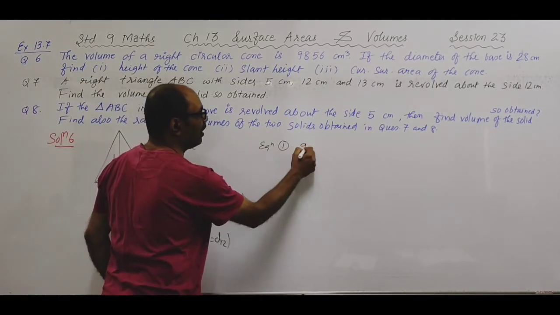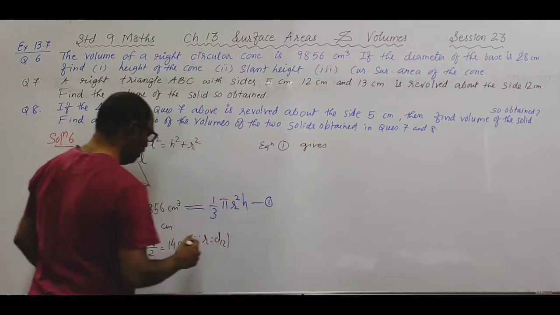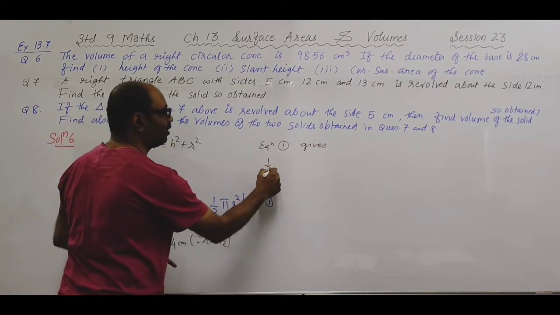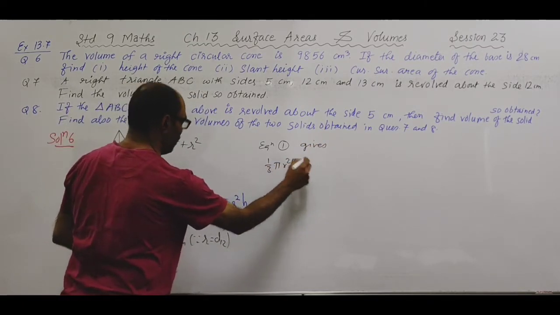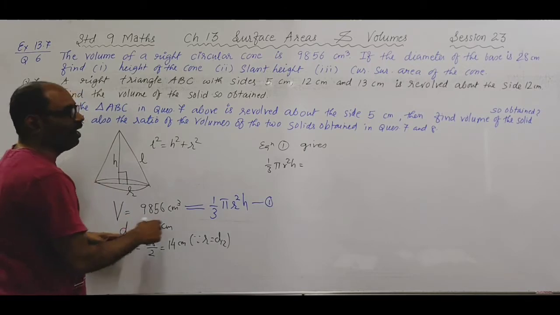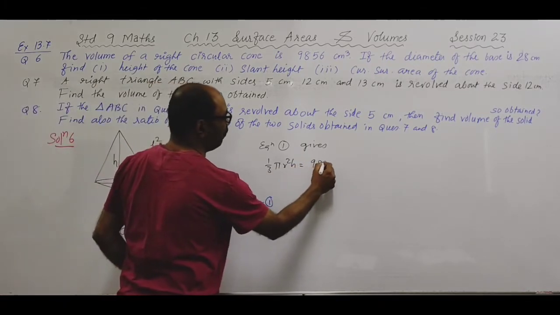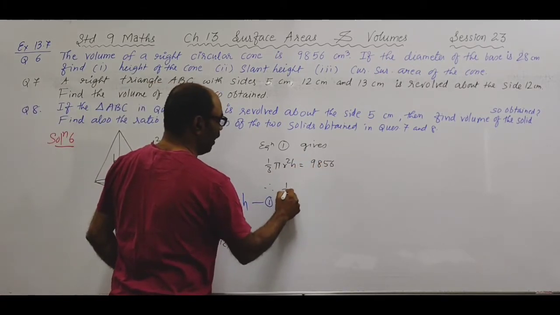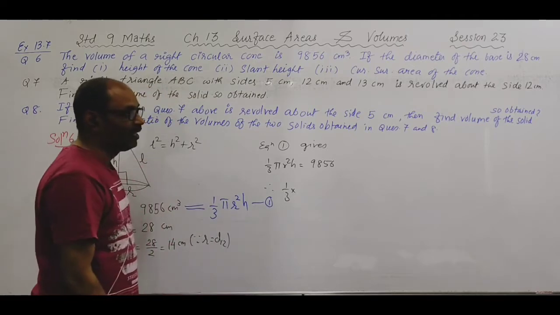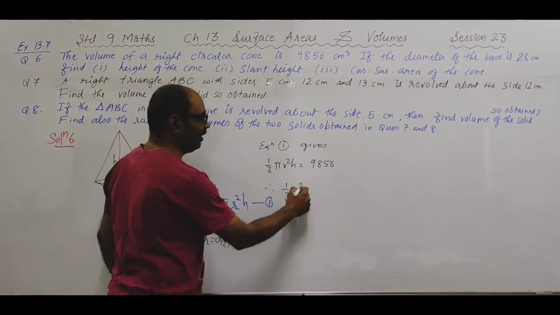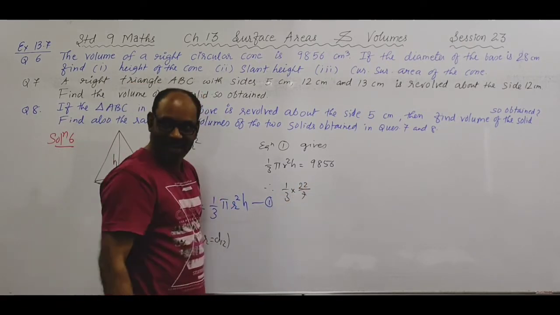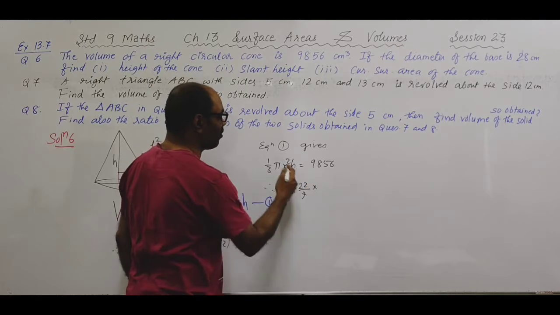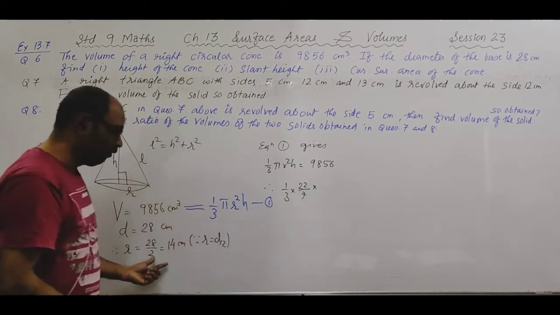Equation 1 gives 1/3 pi r square h is equal to 9856. So 1/3, what is pi? Nothing is mentioned. So we will take 22/7, into r square. Radius we got 14.